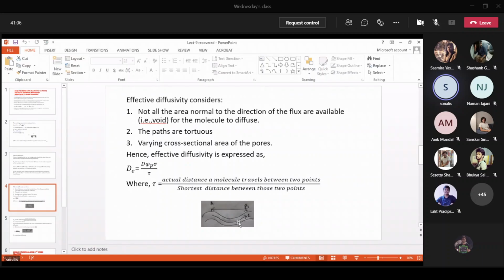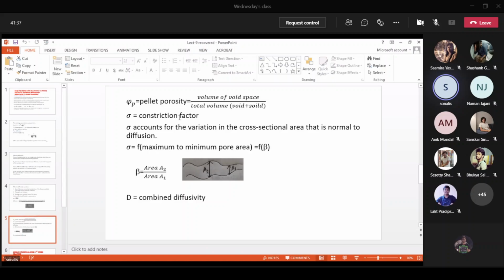So tau is the measurement of the actual distance a molecule travels between two points by the shortest distance between those two points, and tau is normally greater than 1. Sigma is called the constriction factor. Psi_p is the porosity, sigma is the constriction factor, and tau is the tortuosity.